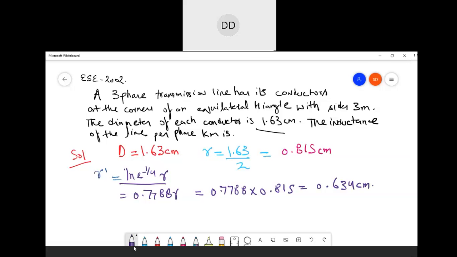Now we have to find the inductance of the line per phase per kilometer.